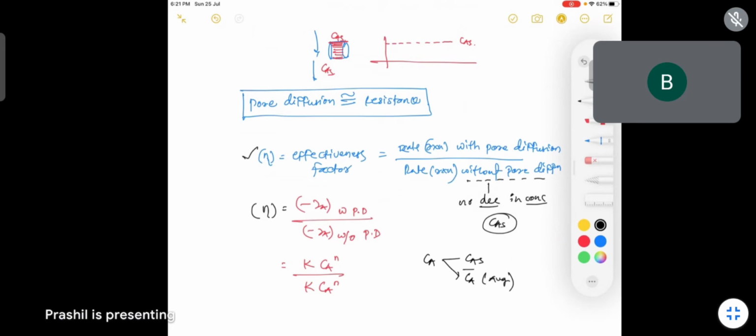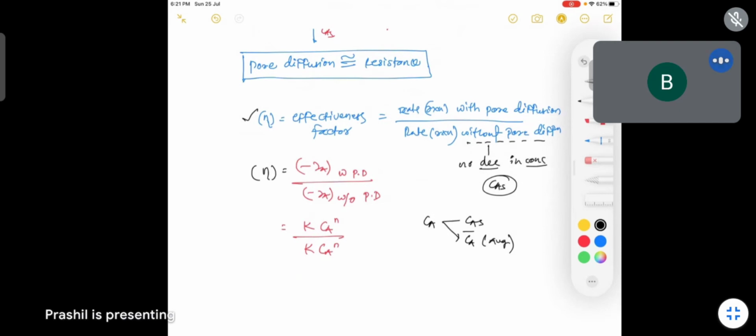Anyone? When there is pore diffusion? Any guess? Okay, so we got that formula, that's okay.